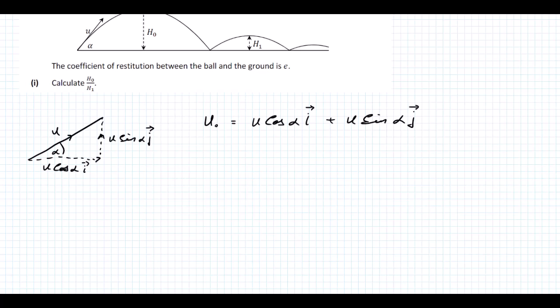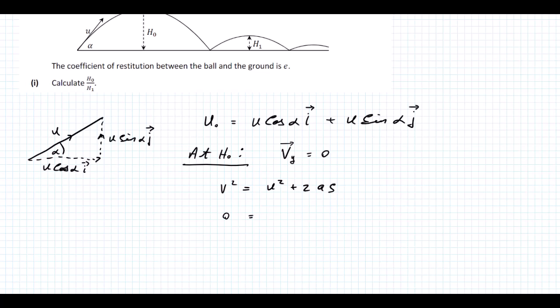Now we want to find an expression for h0. So we know that at h0, the velocity in the y direction is going to be 0. So we're going to use the formula v squared is equal to u squared plus 2as, because we need to put in h0 here. Our velocity in the y direction is 0.